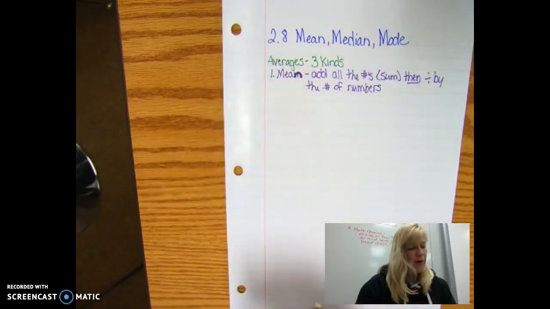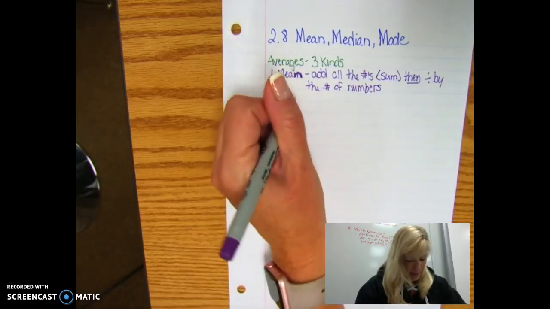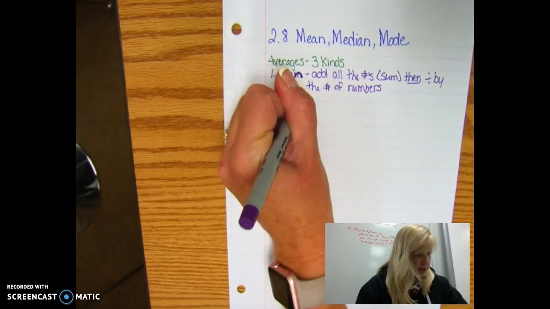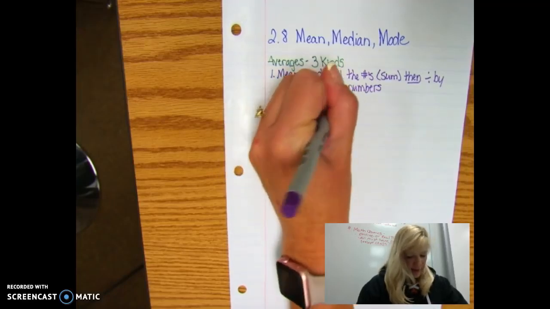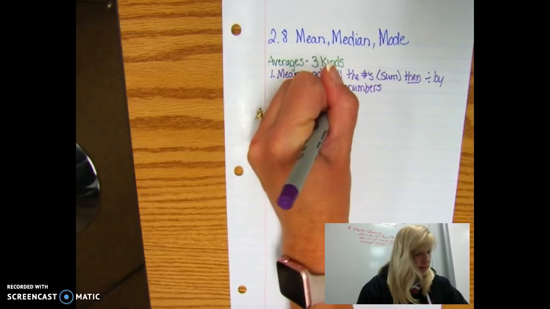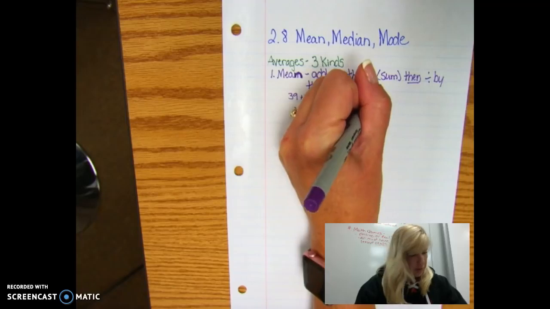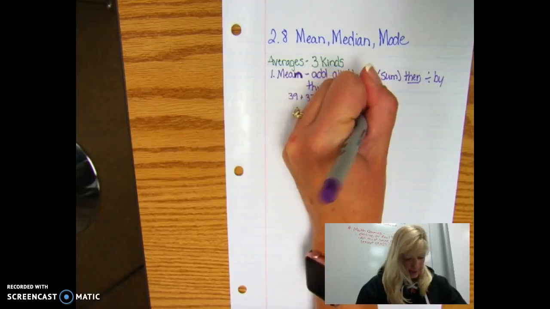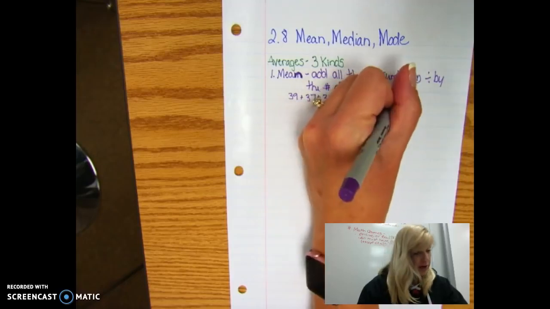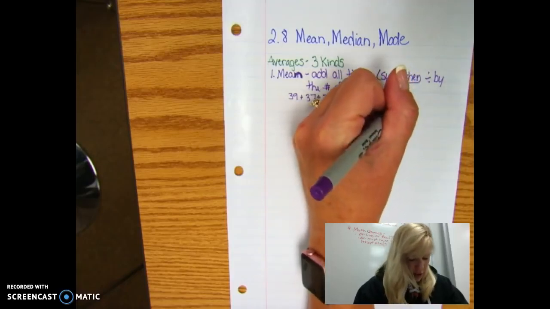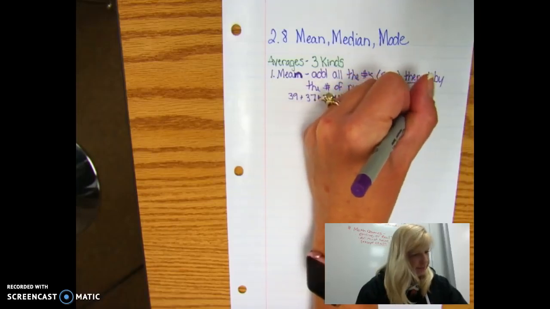So what that would look like is if we had the numbers 39 plus 37 plus 36 plus 40 plus 41 plus 36 plus 37. I've already done the math, so don't worry. You don't have to do this in your head. You should get 266.